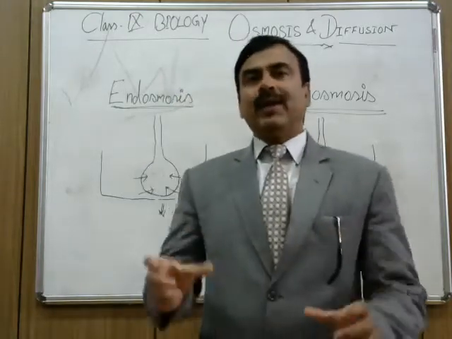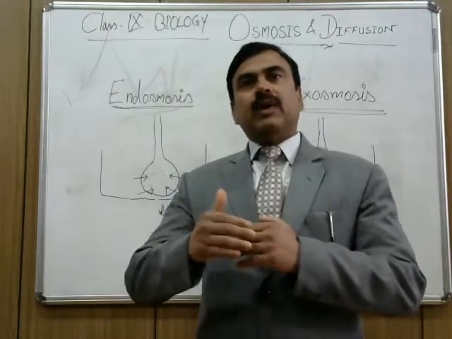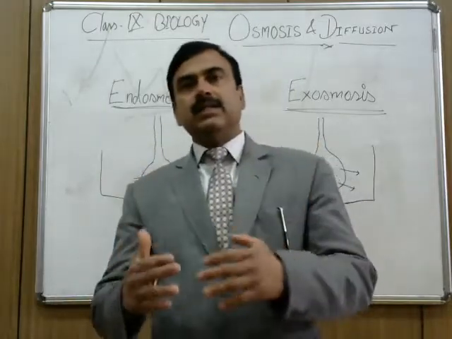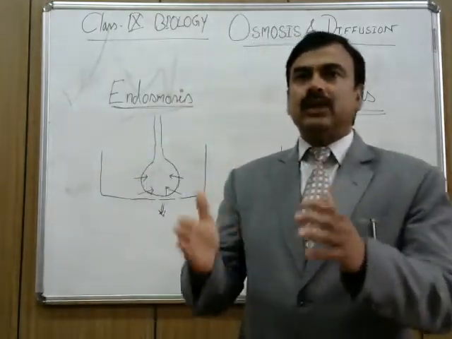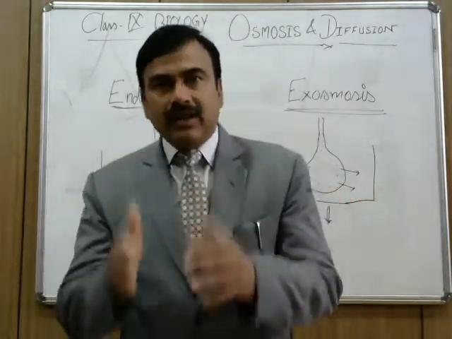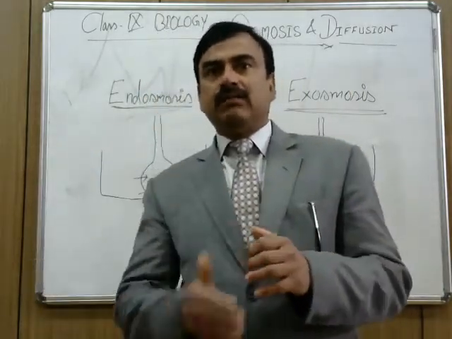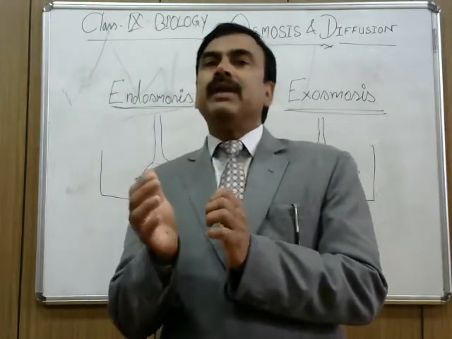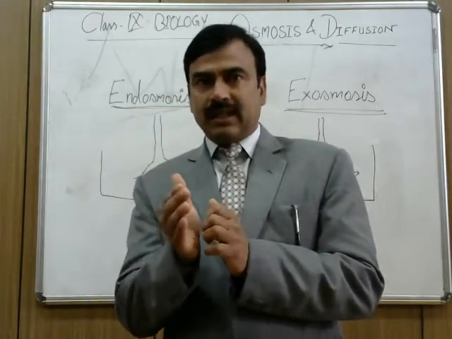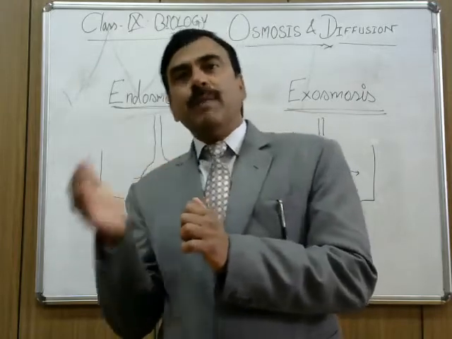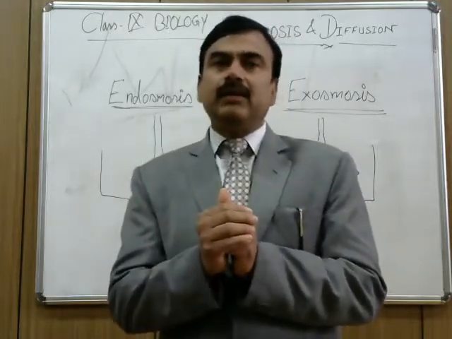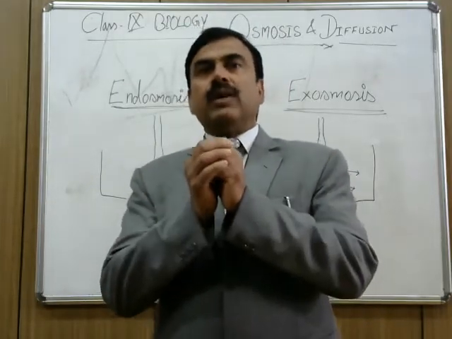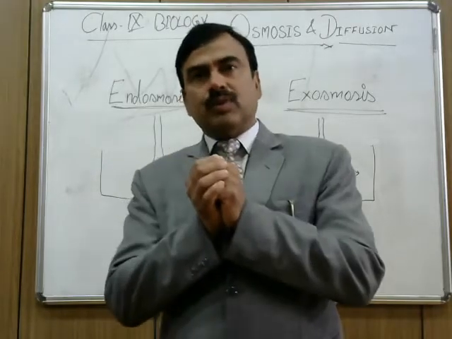And now when we study different types of cell organelles like plasma membrane, nucleus, nucleolus, endoplasmic reticulum, cytoplasm, Golgi body, these cell organelles are covered with a semi-permeable membrane, and that semi-permeable membrane shows a process, that is the movement of the particles from one region to another region, and that process is called osmosis and diffusion.